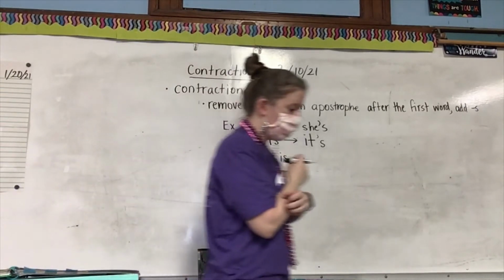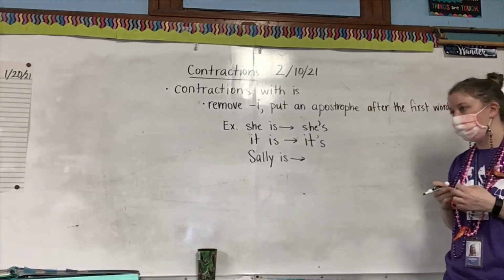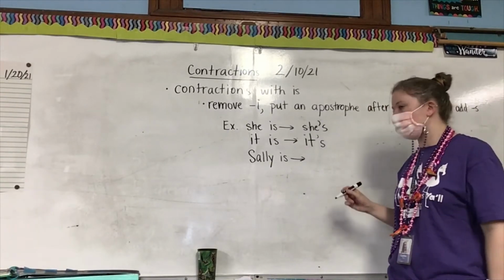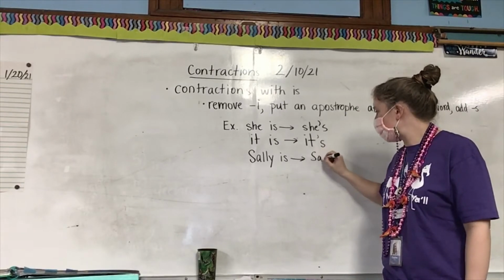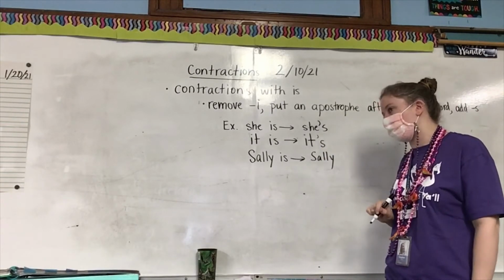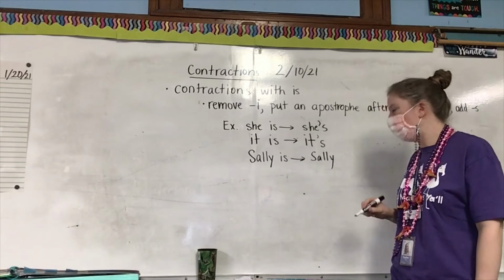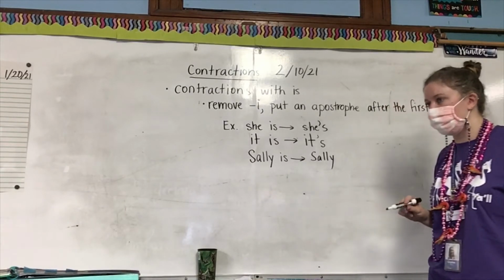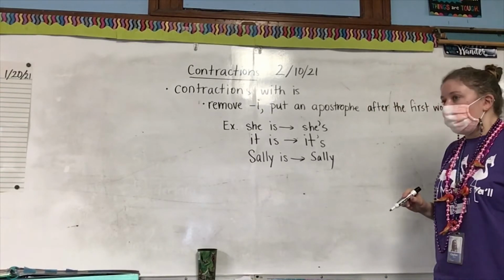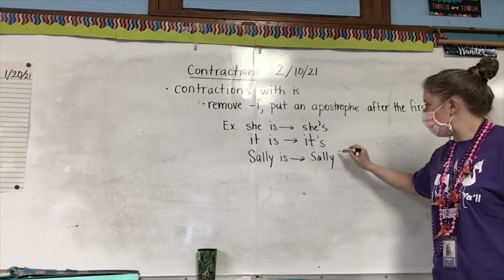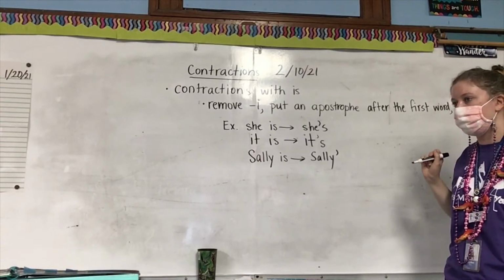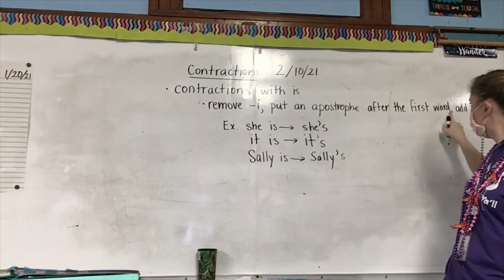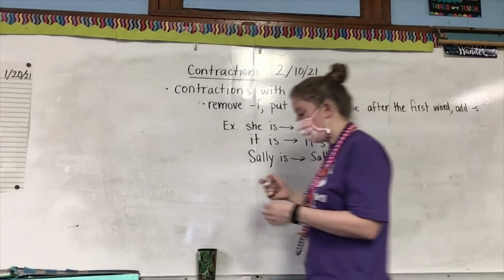Aaron? Sally's. So how do I spell that? Sally. S-A-L-L-Y, because does the first word change? No. What do we need next? We need an apostrophe. We put an apostrophe after the first word, and then we need S. Add S. That's it for is.